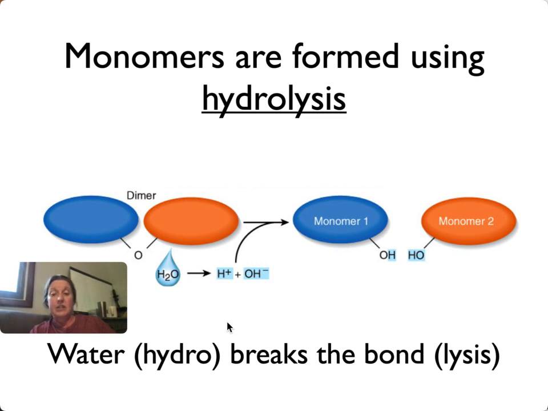The opposite is true for when we want to break a polymer down into monomers. We have, in this case, a dimer, the two monomers joined together by the oxygen. The enzyme that catalyzes this reaction takes a water molecule, splits it into a proton and OH minus hydroxide, and then it breaks the bond right here, and then puts the proton with the oxygen and the hydroxyl group on this carbon.